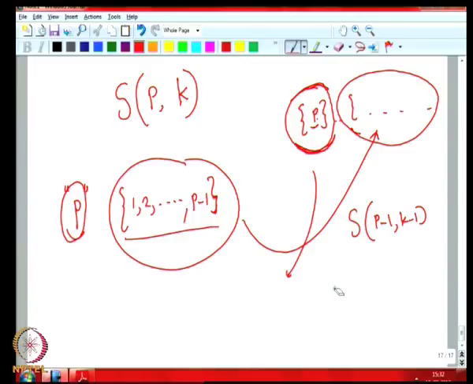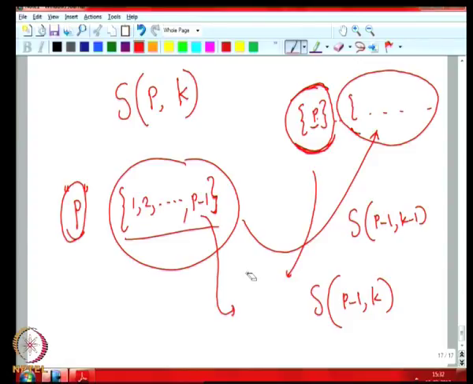So, what we can do to get the number of partitions is ask how many possible ways there are to put 1 to P minus 1 into k boxes such that no box is empty, and then put P back into the system, right. This can be done in S of P minus 1 comma k ways clearly, but now how will you put P back?